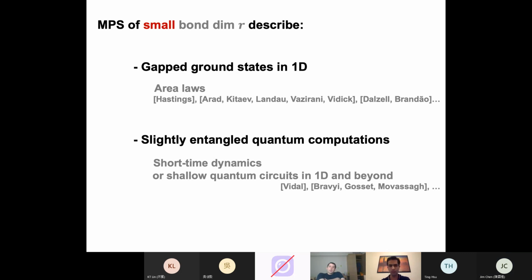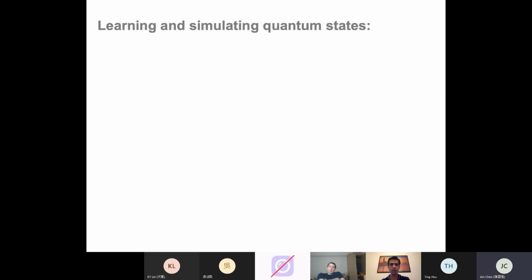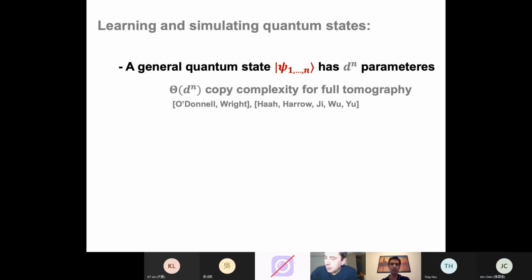in 1D and beyond. So one nice thing about such low rank or low bond dimension MPS is that they require substantially fewer parameters to describe than a generic quantum state. A general quantum state involving n qubits needs d to the n parameters, which, for example, leads to exponentially large copy complexity if you want to learn the whole state.